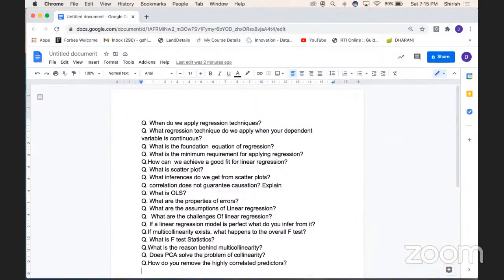Right? What is this VIF? For what all processes are you using this VIF? VIF is helping us in determining what? Let me put it down here. Variance inflation factor.